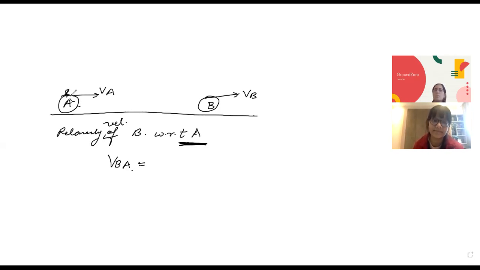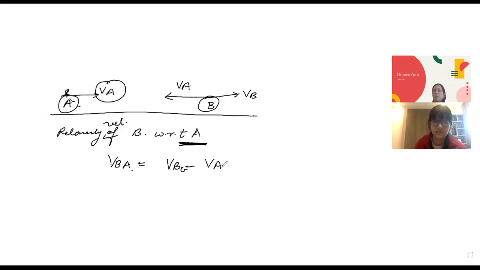When you are on body A, what will be the velocity of B appearing to you? Whatever velocity A has, you apply it on B exactly in reverse. So this will be VB minus VA.